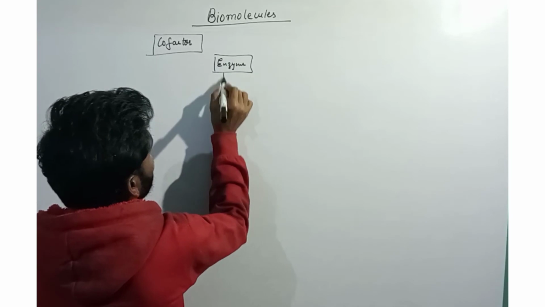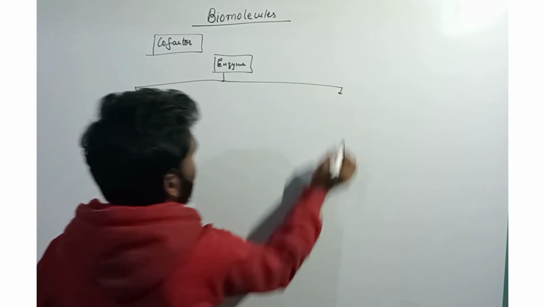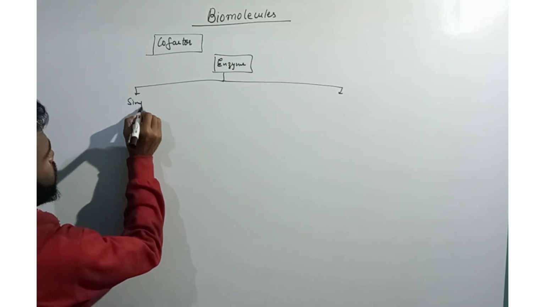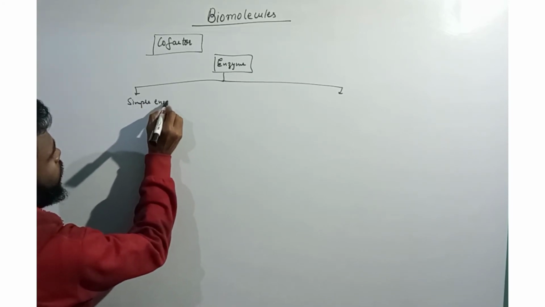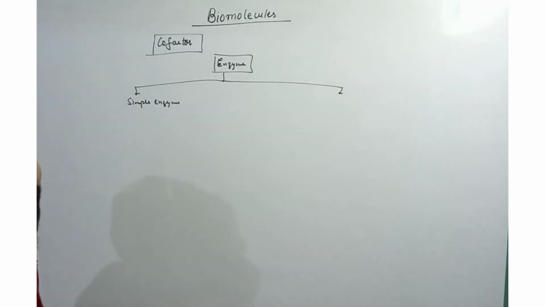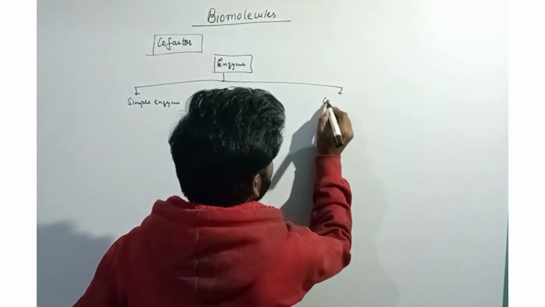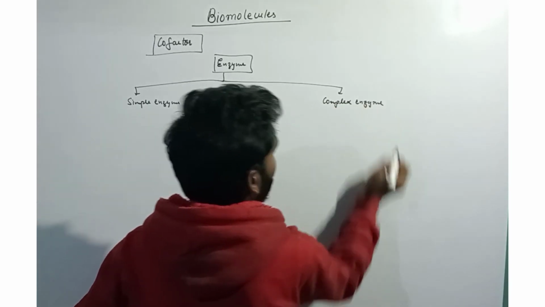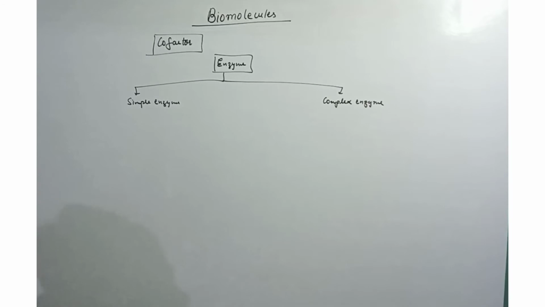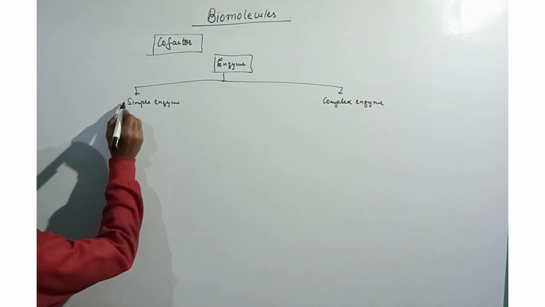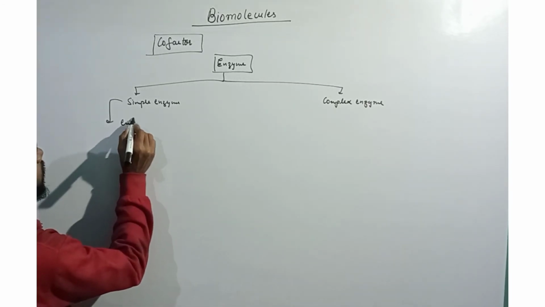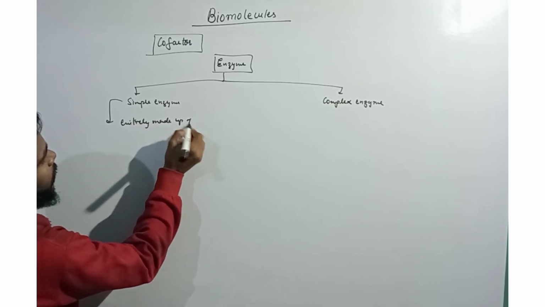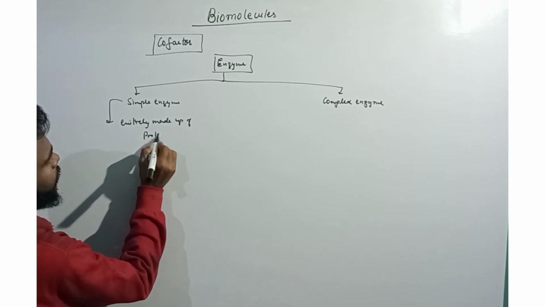One is called a simple enzyme, and the second one is called a complex enzyme. A simple enzyme is entirely made up of protein.